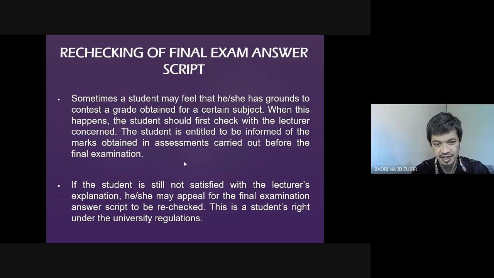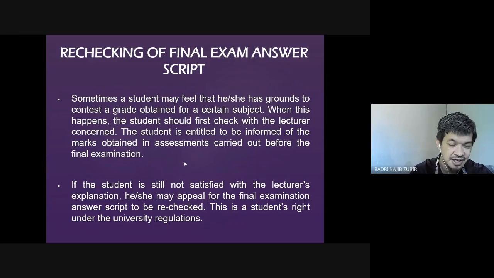If originally you get 25 and another examiner gives you 26, nothing is going to happen, because 45 plus 26 is 71, and 71 is still B. Let me correct the numbers.